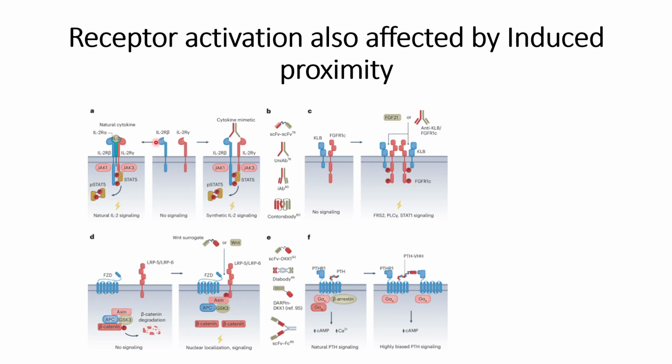In normal conditions, the proximity of interleukin-2R alpha, 2R beta and 2R gamma is not enough to trigger these downstream signalings.